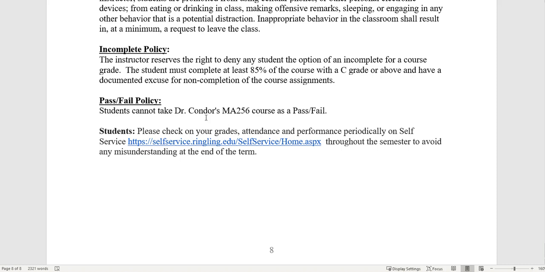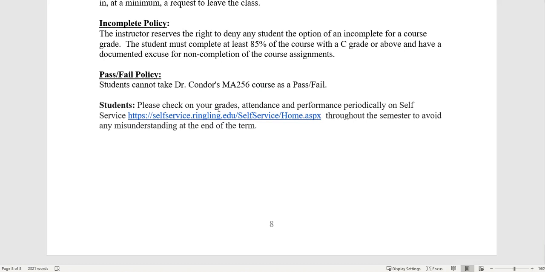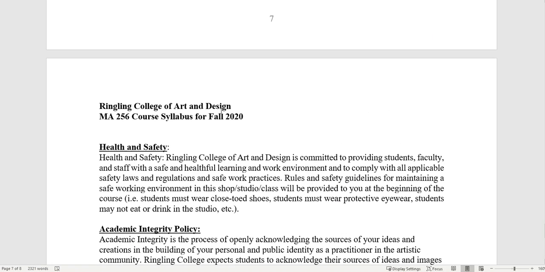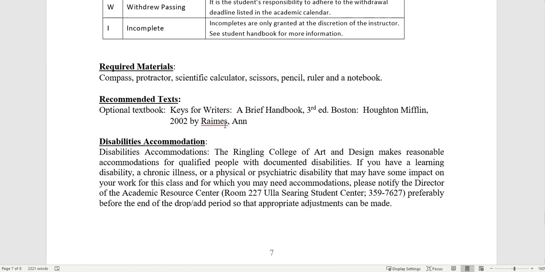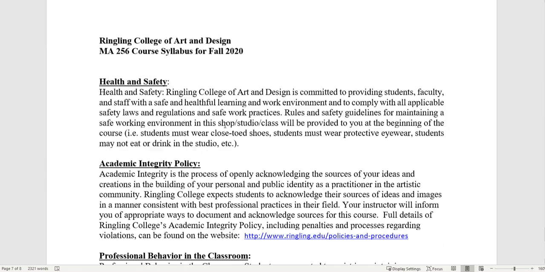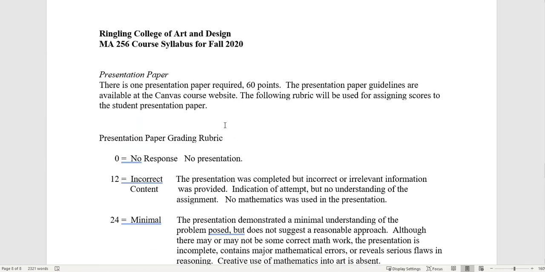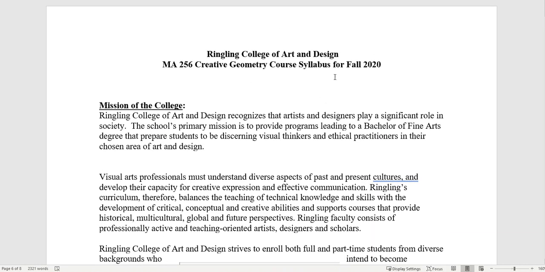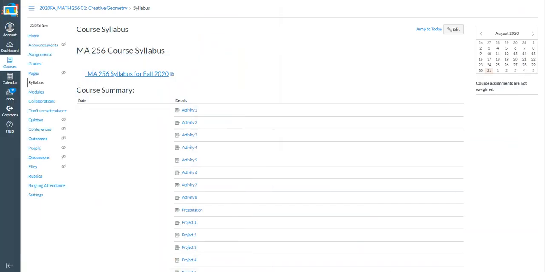But the grading, you can always check with the registrar's office or your department, and they'll tell you if there are any specific differences with the grading. So that's the syllabus, and we're going to take that out of here.